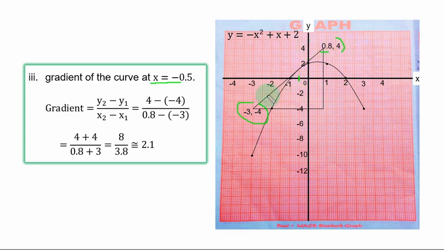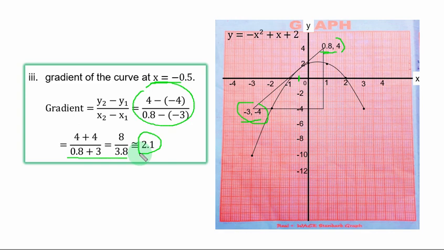So we take this as the first point, s1, y1, and this as the second point, s2, y2. You insert them in the gradient formula. When you simplify, you have this result. After division, you have approximately 2.1 as the gradient at s equals minus 0.5.